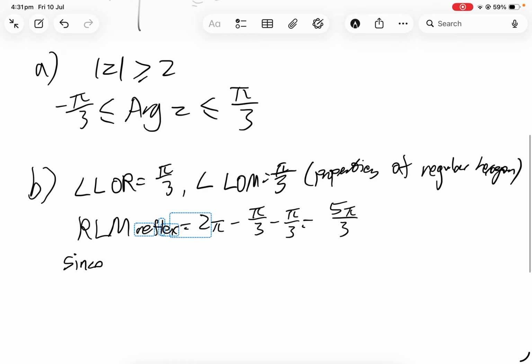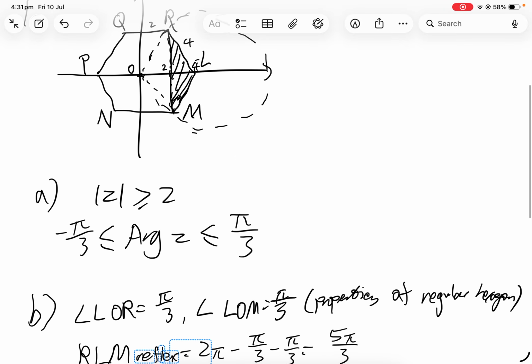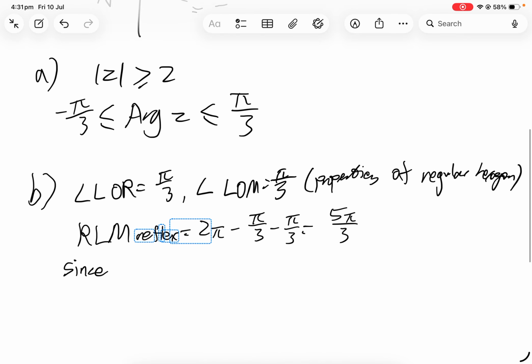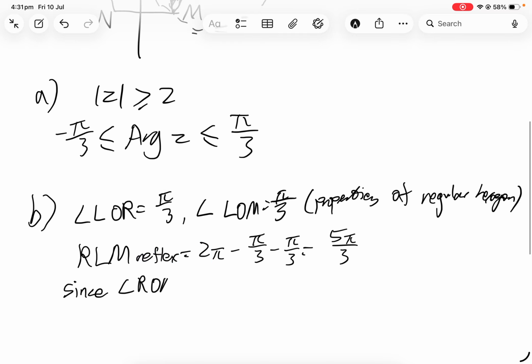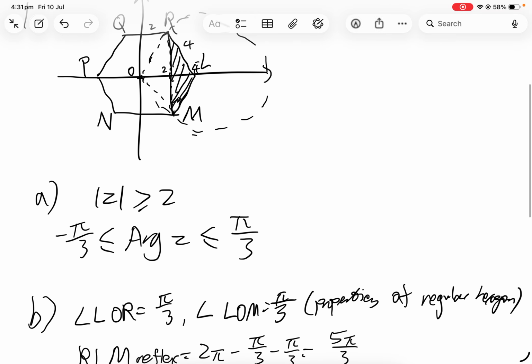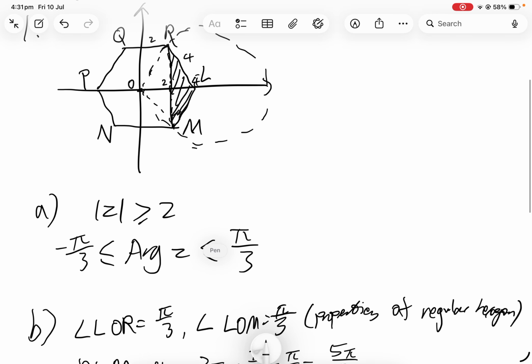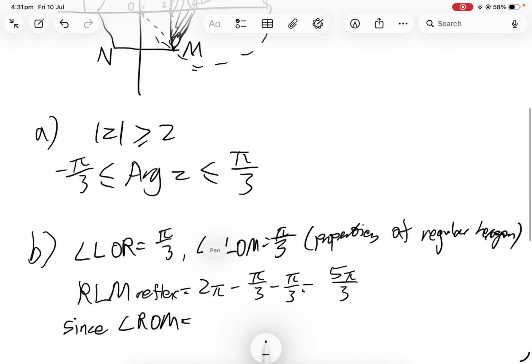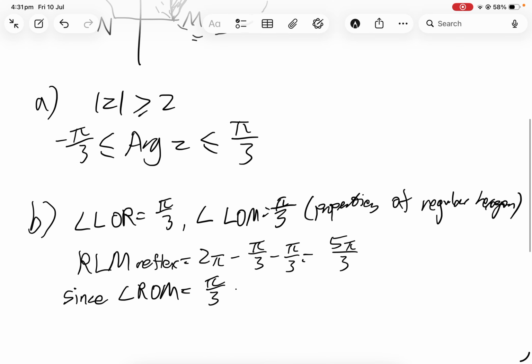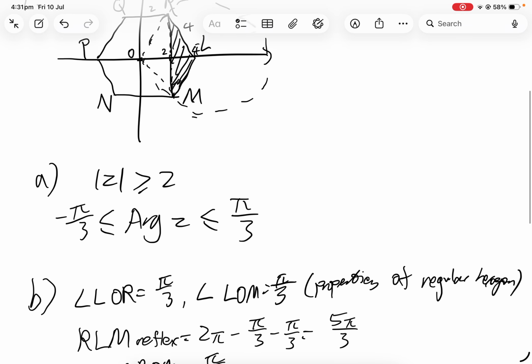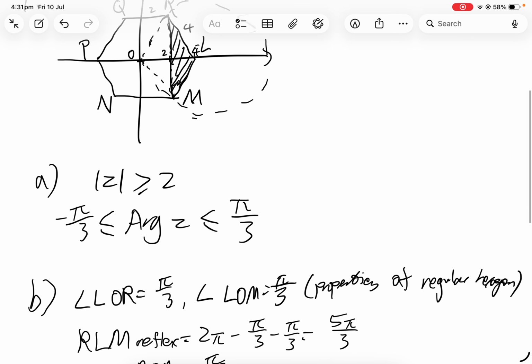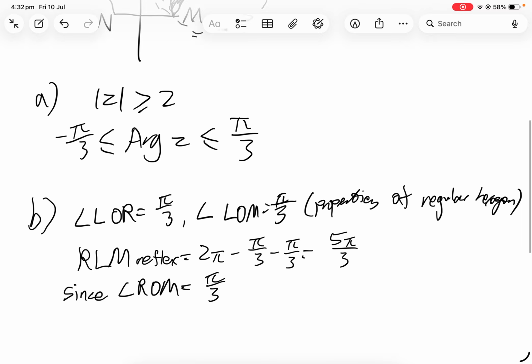And since angle ROM equals pi on 3 plus pi on 3 equals 2 pi on 3.